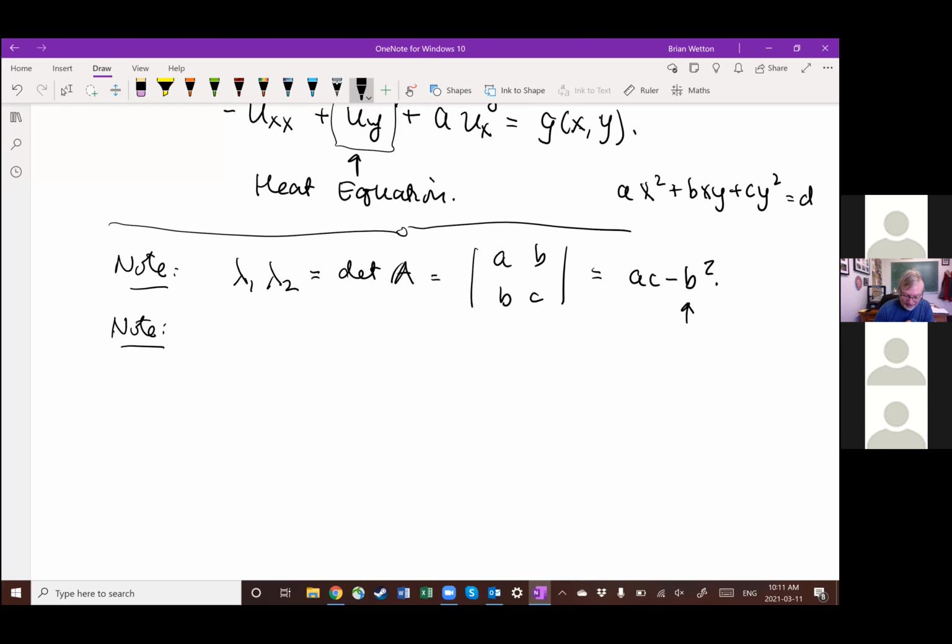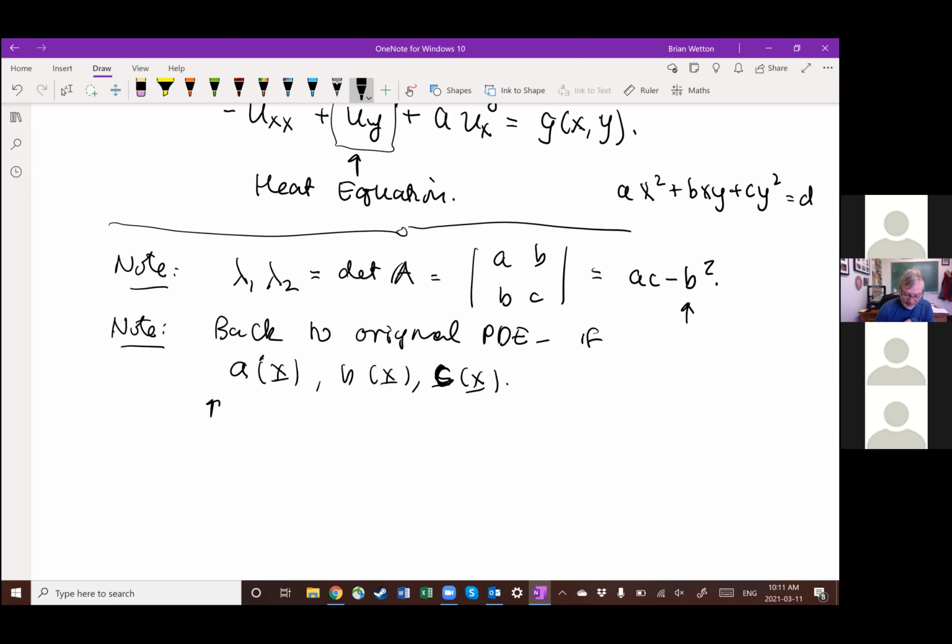If you go back to the original PDE, and these coefficients depend on x, then if those coefficients are continuous, the determinant of A as a function of x is also continuous.